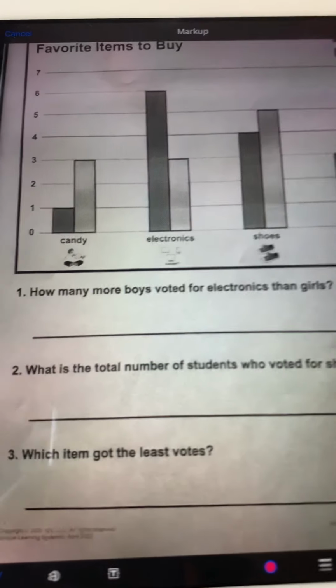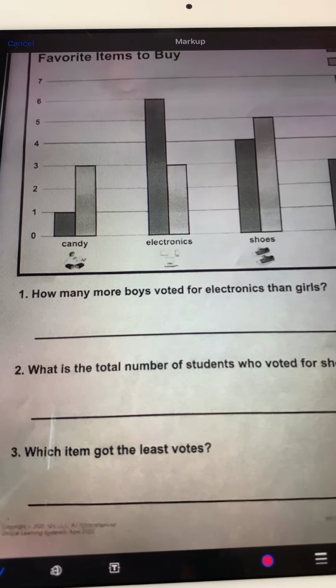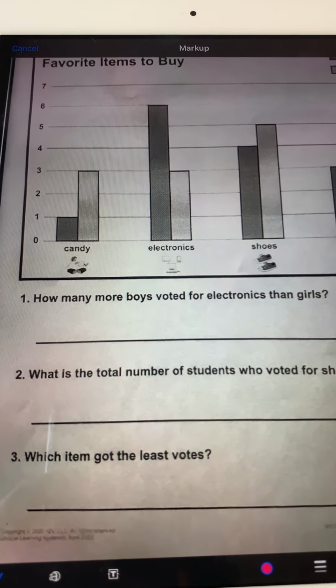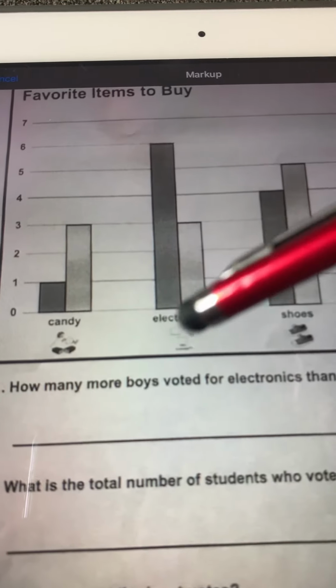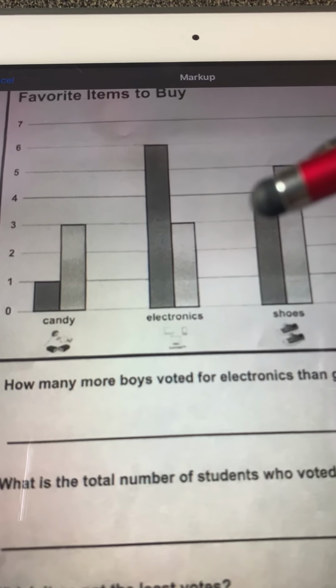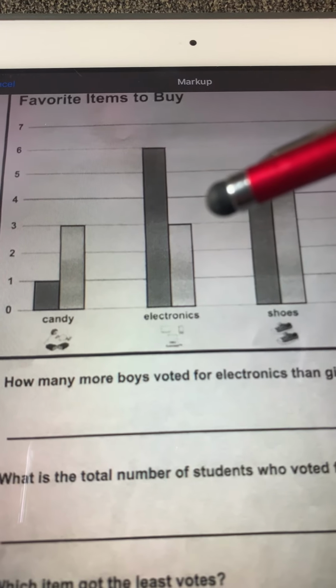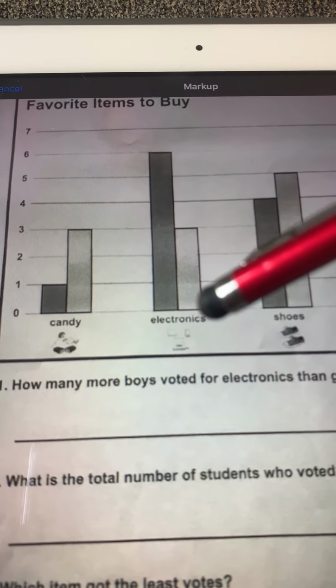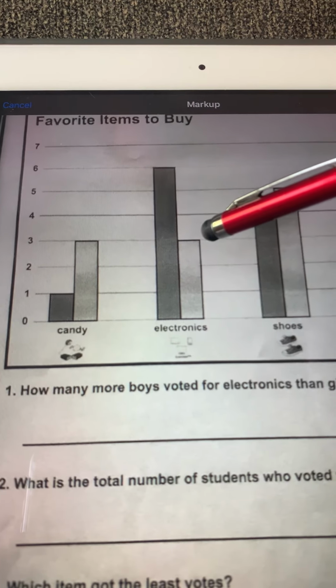Okay, so question number 1 says, how many more boys voted for electronics than girls? Okay, so here's our electronics right here. And it says, how many more boys voted for electronics than girls? Well, girls only voted for 3.